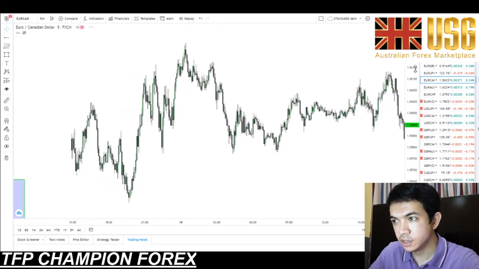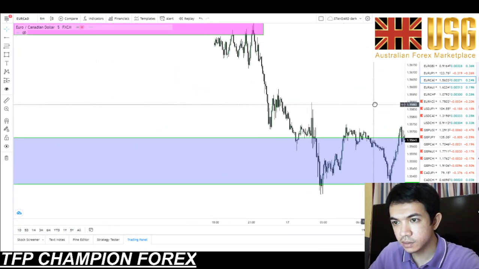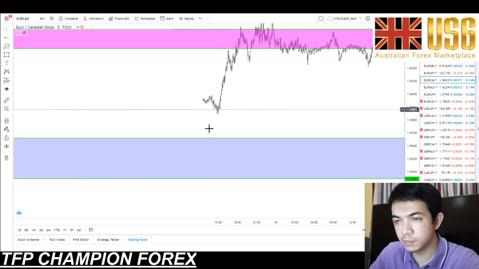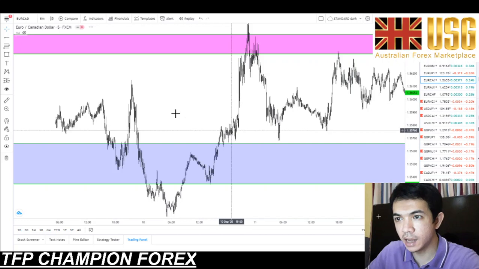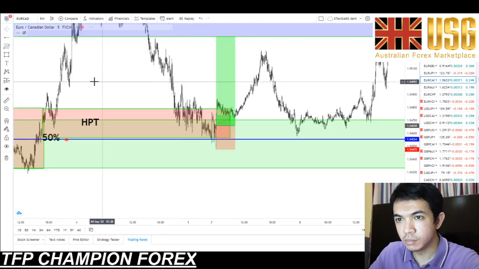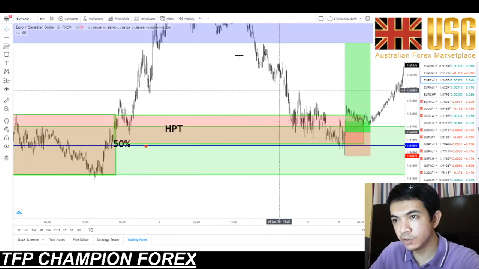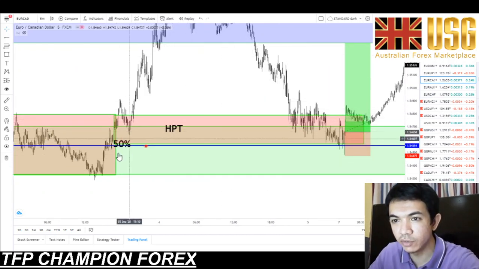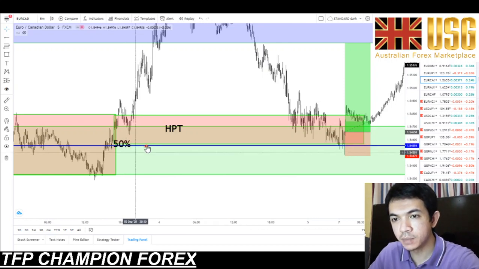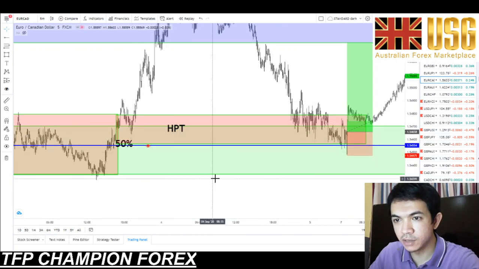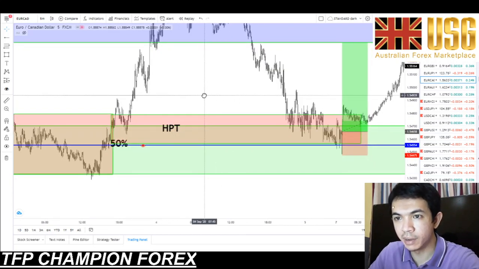All right, so the point is, if the market broke beyond your 50% level, definitely you're not eyeing a buy opportunity anymore. If your candlestick formation for buying pressure is still within the 50% and not going through or beyond the 50%, definitely you still have the opportunity to buy this market.